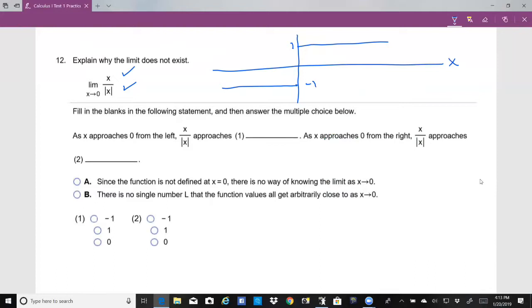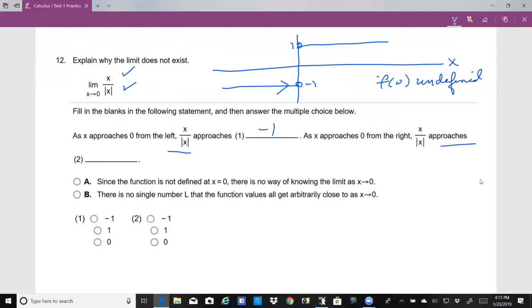And these points are not on the graph at x equals 0. F of 0 is undefined. As x approaches 0 from the left, the function approaches minus 1.